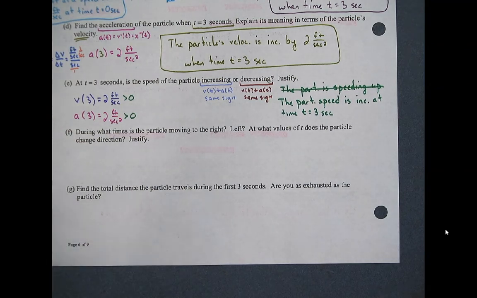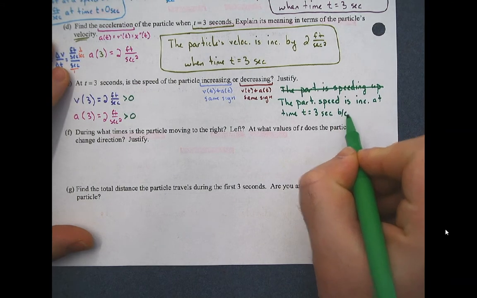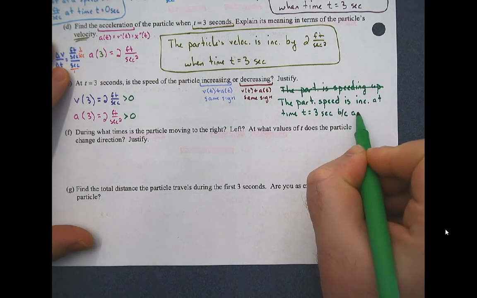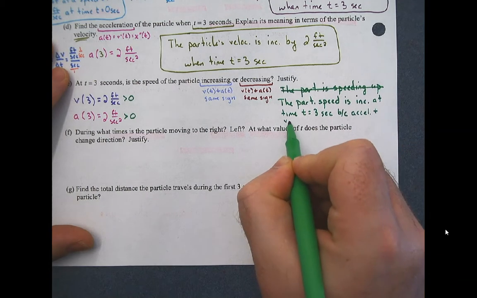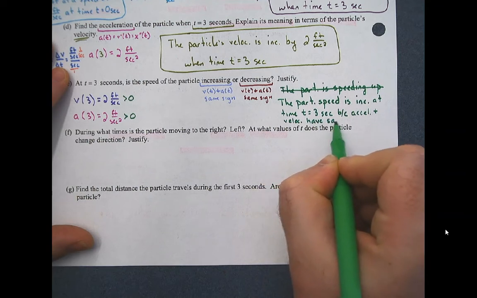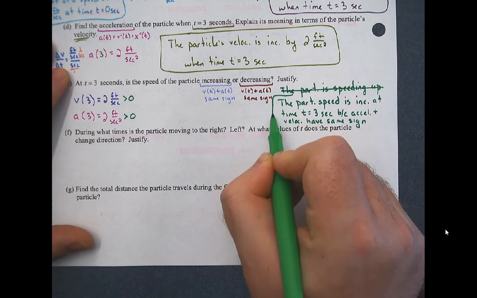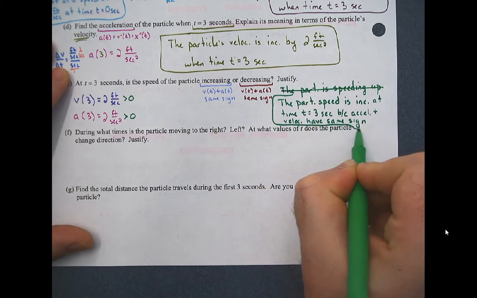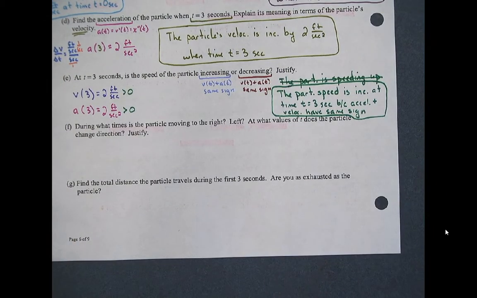The particle's speed is increasing at time equals 3 seconds because acceleration and velocity have the same sign. If one was positive and one was negative, then we would say the particle speed is decreasing.